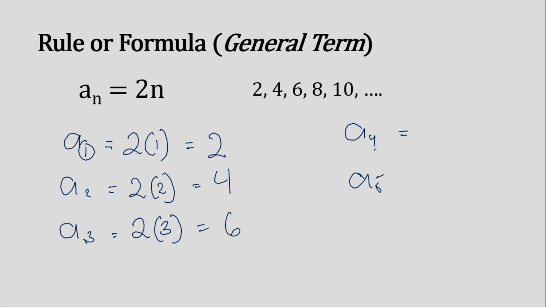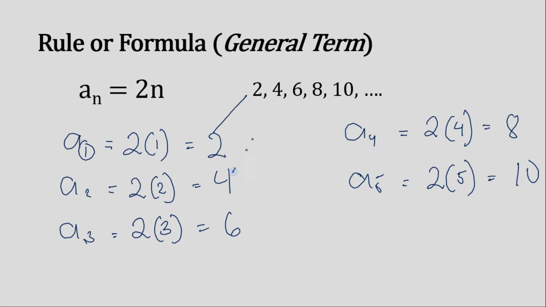On the fourth term, or a sub 4, we substitute 4 for n again. So that is 2 multiplied by 4, that is 8. A sub 5 is equal to 2 multiplied by 5, because 5 is the value of n, and that is 10. See how we get the terms because of this formula.